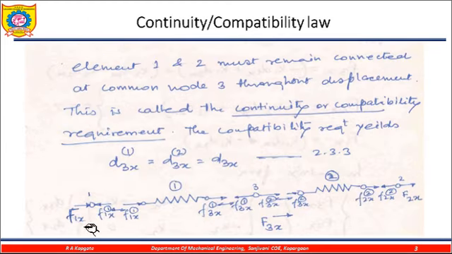Here I have shown how the forces act on node 1, on node 3 and on node 2. Later on, focus on this and check how the forces are represented here, because this is very important for solving the problem.